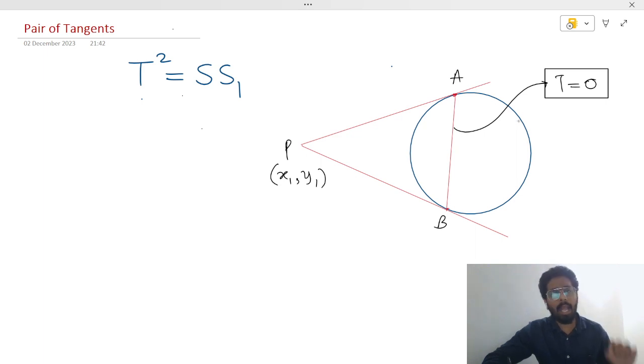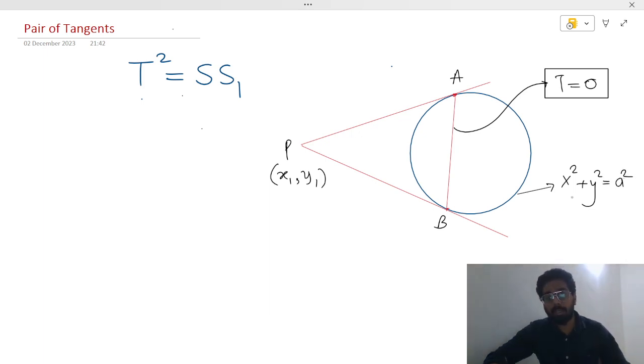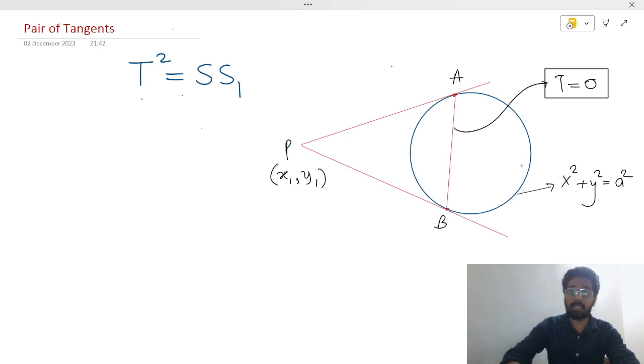For simplicity, I am assuming the equation of circle is x squared plus y squared equals a squared. Whatever result we get for x squared plus y squared equals a squared, we will get the same result for the general equation of circle, x squared plus y squared plus 2gx plus 2fy plus c equals 0.